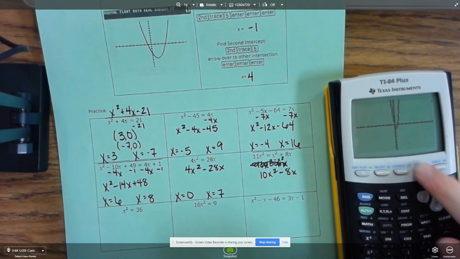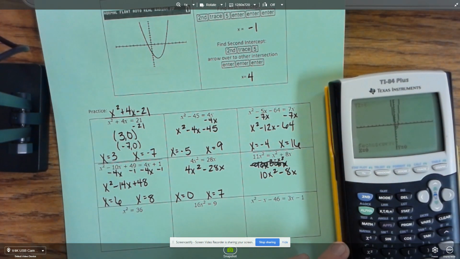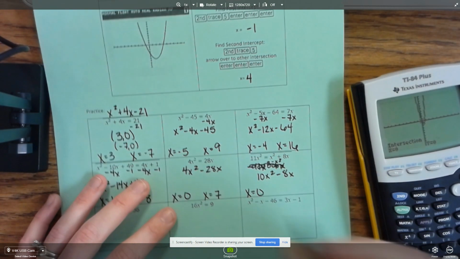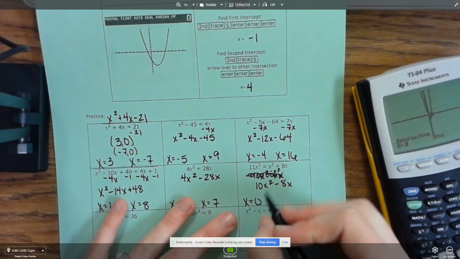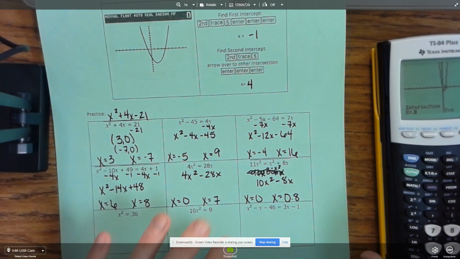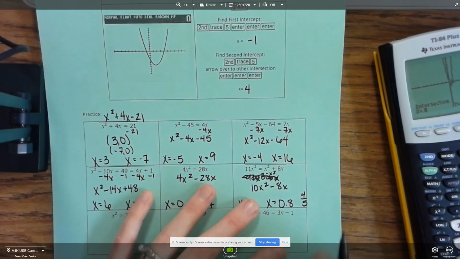All right, so second trace 5. So I've got an intercept at x equals 0. And at 0.8. If you need that in fraction form, that is 4/5.